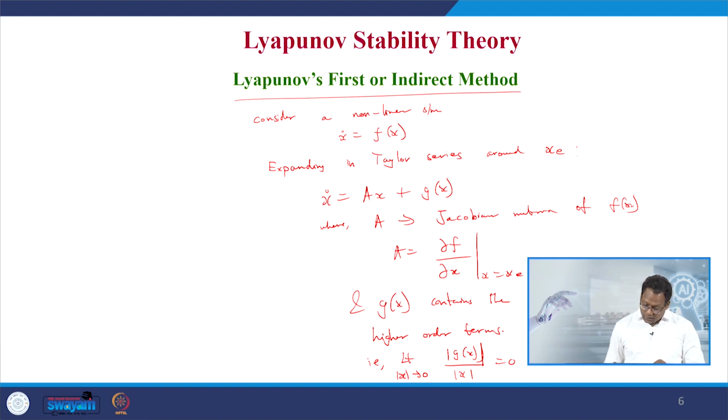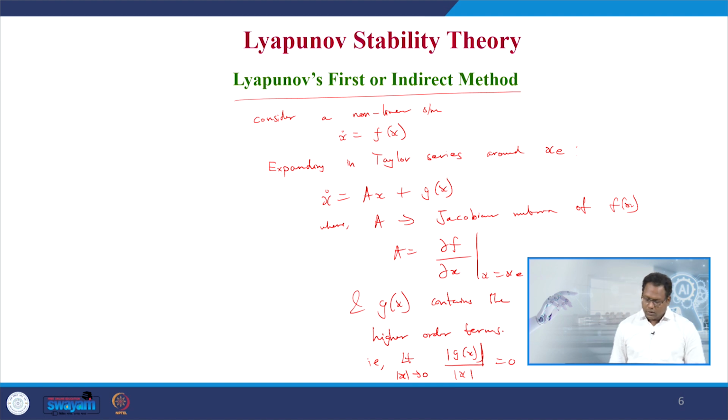Now, this is the case we started for a first approach method in Lyapunov. We can say that the first approach utilizes the Taylor series method in order to analyze the stability of a system.